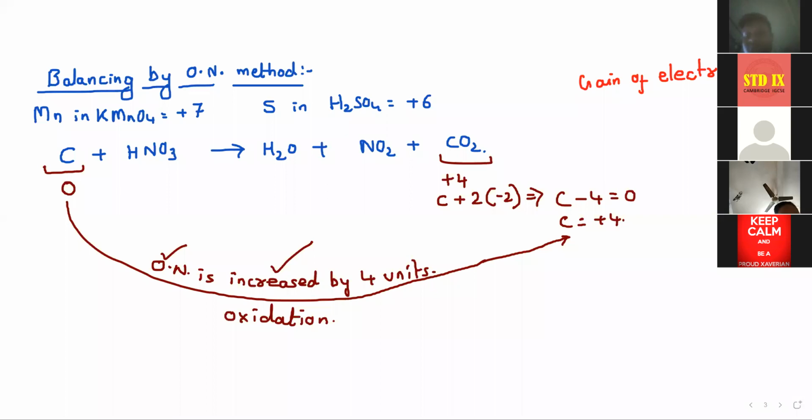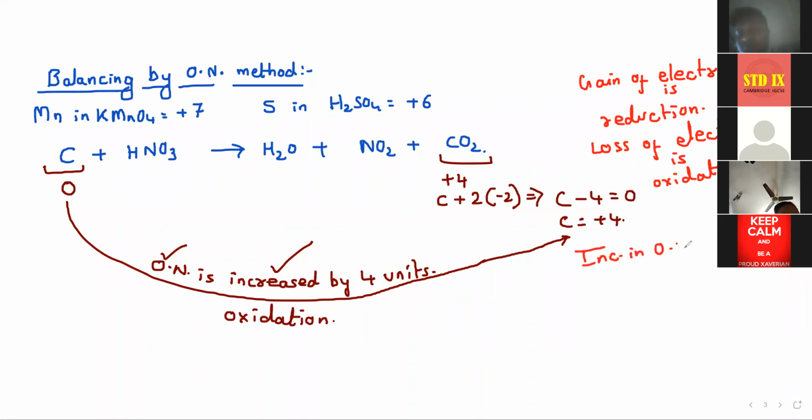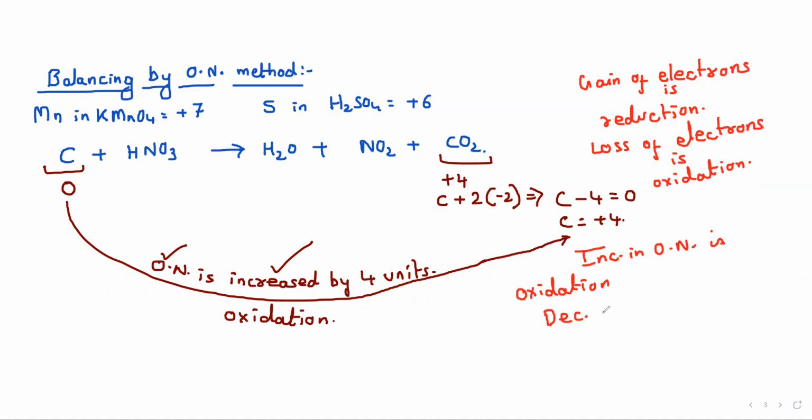So gain of electrons is reduction. Loss of electrons is oxidation. Again, increase in oxidation number is oxidation, and decrease in oxidation number is reduction.